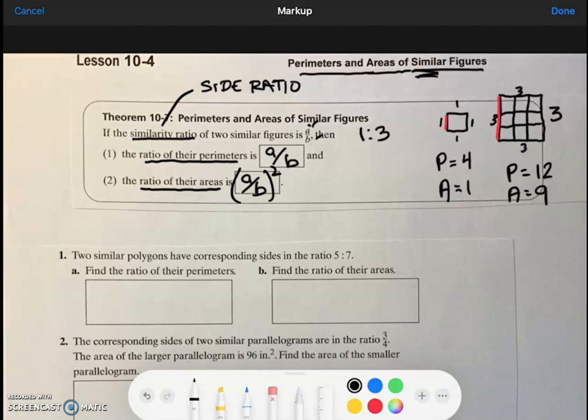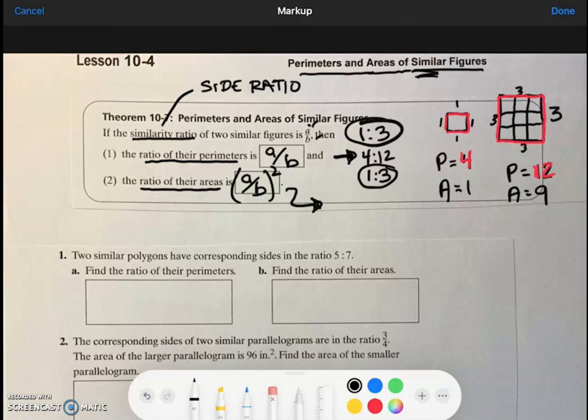The perimeter ratio would also be 1 to 3. But if you actually did the perimeter here, the small one, it would be 1 plus 1 plus 1 plus 1, which is 4. This one would be 3 plus 3 plus 3 plus 3, which is 12. Well, if I compare those ratios, it is 4 to 12, which reduces down to 1 to 3. So it's the same exact ratio as the sides.